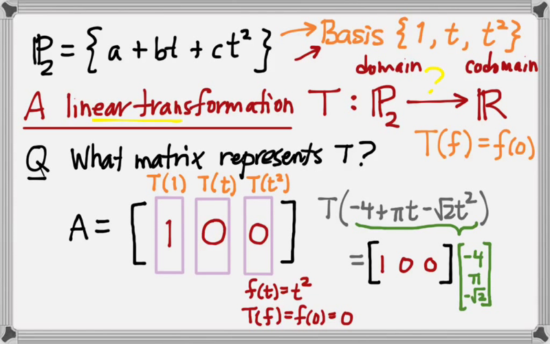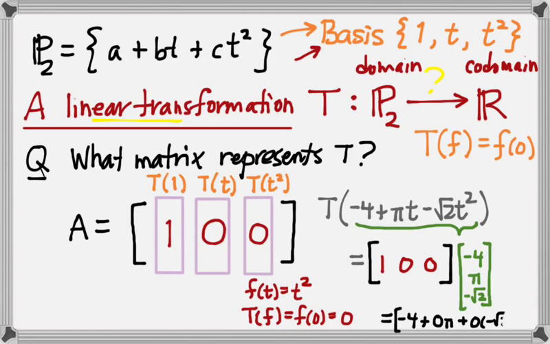Now, how do I multiply that matrix by that vector? Negative 4 times 1 plus 0 times pi plus 0 times negative square root of 2. There's actually only one entry in this product, because again we're multiplying across this row, down this column, and adding the results.